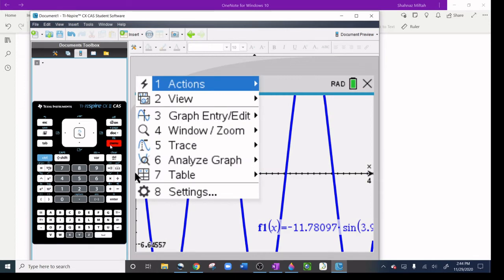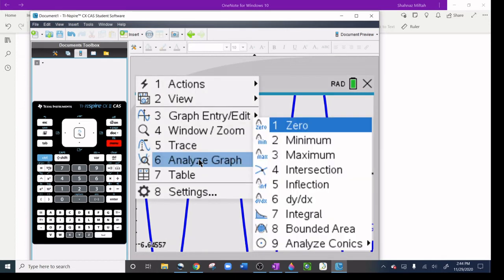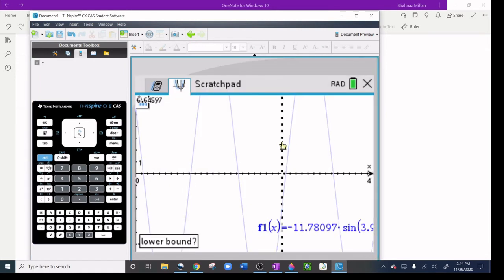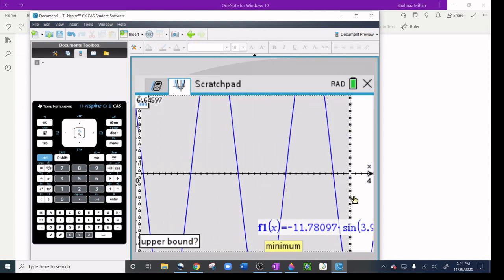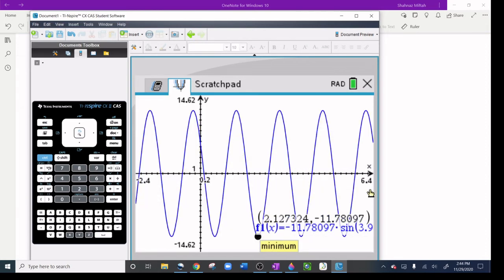Since it's a calculator, so I'm not wasting time, I can go analyze and find minimum. They said the lower bound starting from 0 to upper bound all the way to 4. So my minimum is right here, which is 2.127.